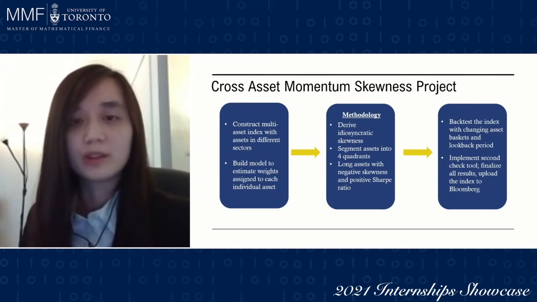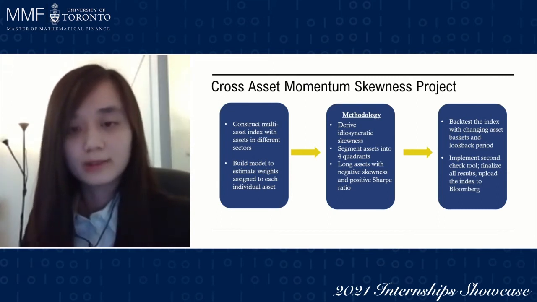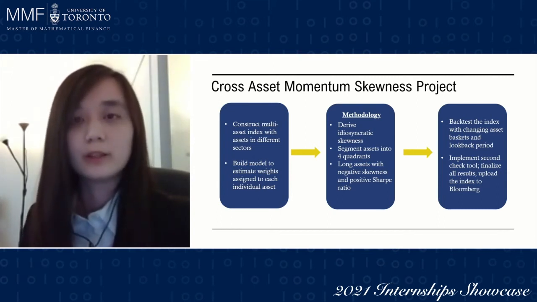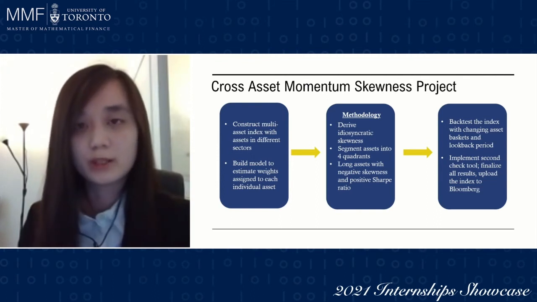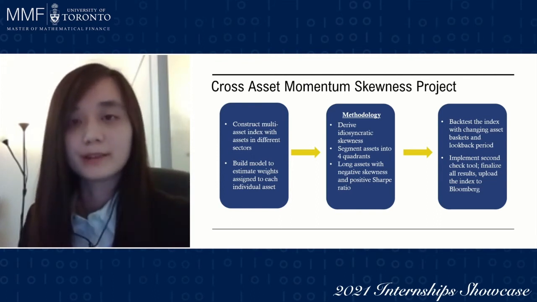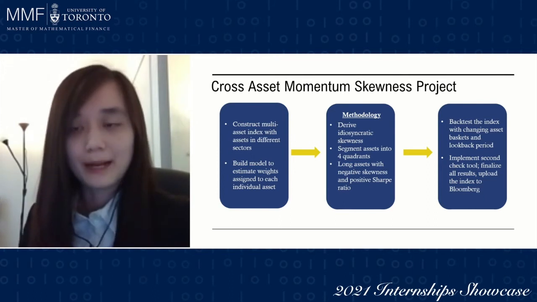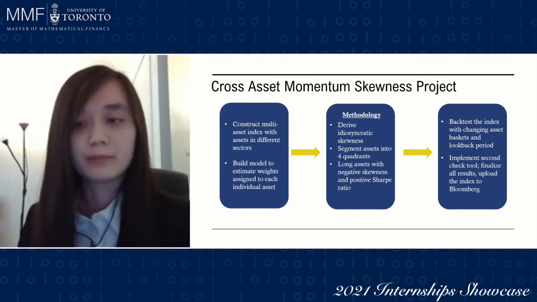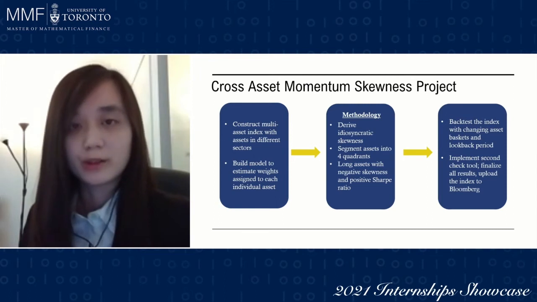The last step is to assign positive weights to assets with negative idiosyncratic skew and positive Sharpe ratio. After this is done, we back test the index and compare the result with our benchmark strategy. And the last step is to implement the second check tool for this investment strategy and finalize all the results to make sure that the index is ready to trade.